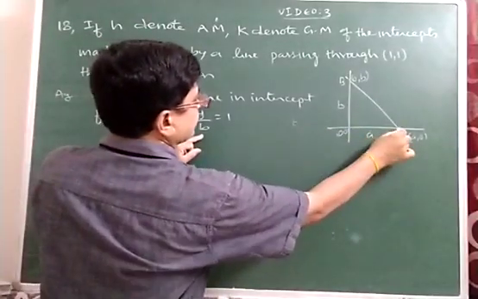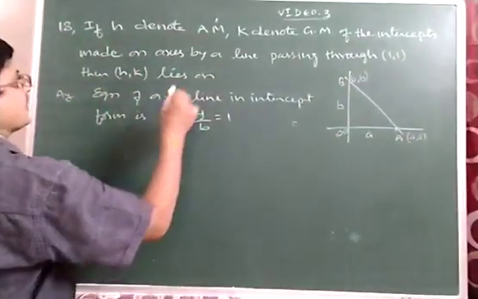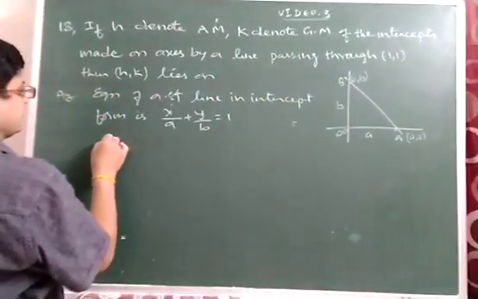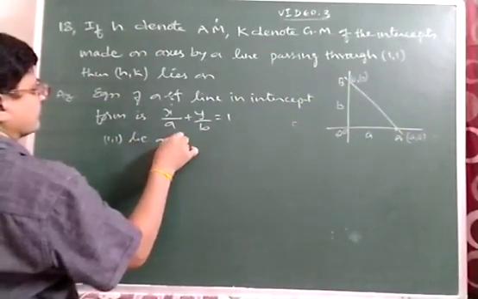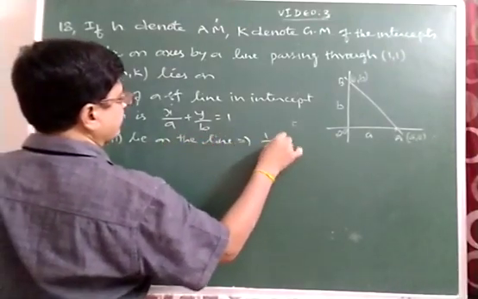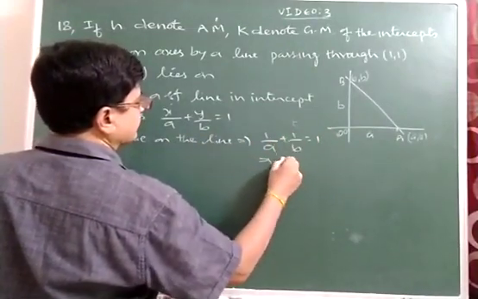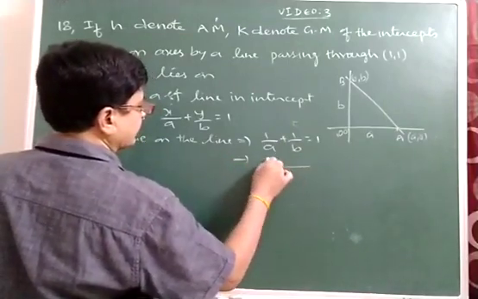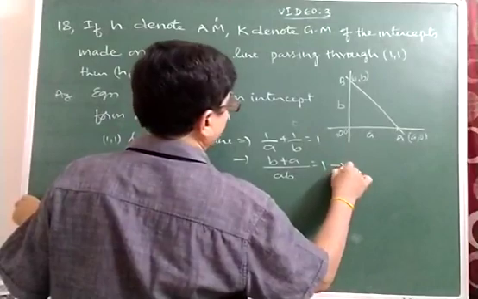Given that the line passes through (1, 1), that means (1, 1) lies on the line, that implies 1 by a plus 1 by b is equal to 1. Taking the LCM, which is ab, we get b plus a is equal to ab. This is condition number 1.